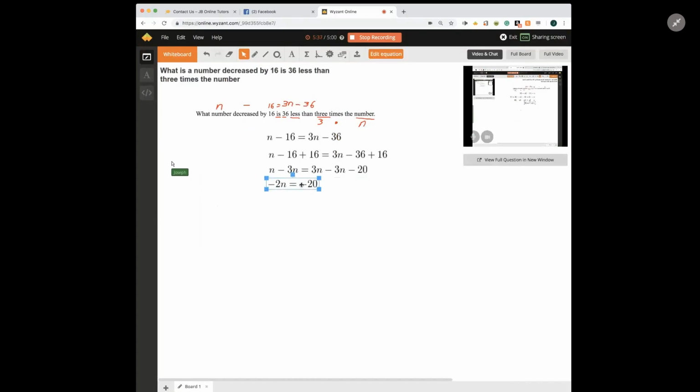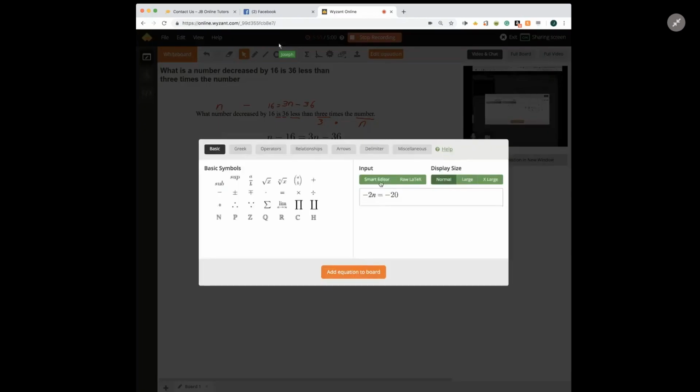So now, we're almost done. When we get to this point, all we need to do is divide both sides by the linear term's coefficient. The linear term has the variable in it, and the coefficient is the numeral we're multiplying by the variable, right? So we're going to divide both sides by the coefficient of negative 2.